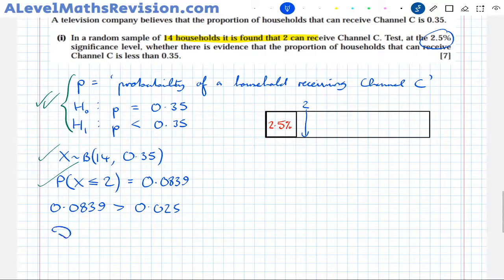Therefore, it's in the acceptance region. We are not going to reject H0.